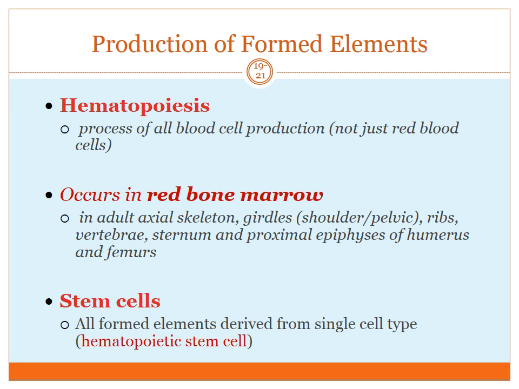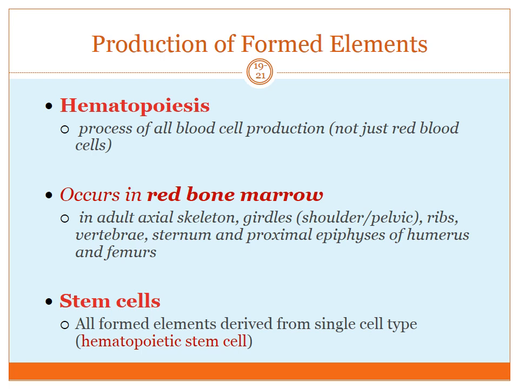All of these blood cells are produced in red bone marrow, and in the adult we find red bone marrow in the axial skeleton. So this includes the shoulder girdles, the pelvic girdle, the ribs, the vertebrae, the sternum, and the proximal epiphyses of the long bones of the humerus and the femurs.